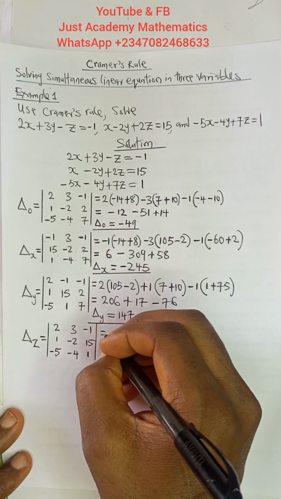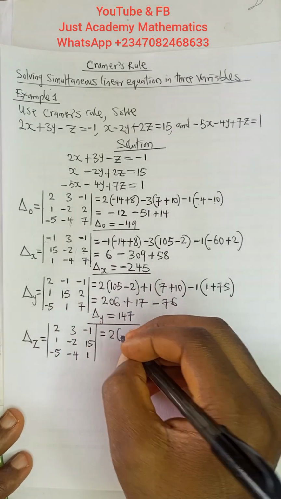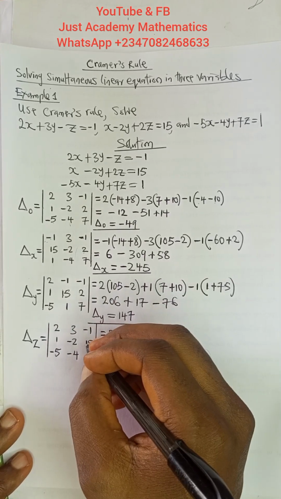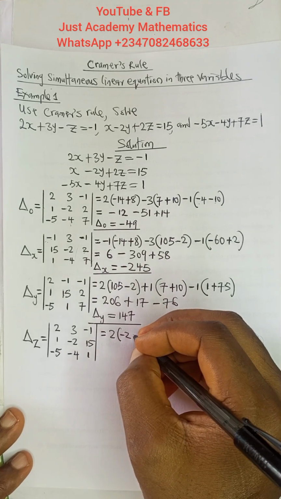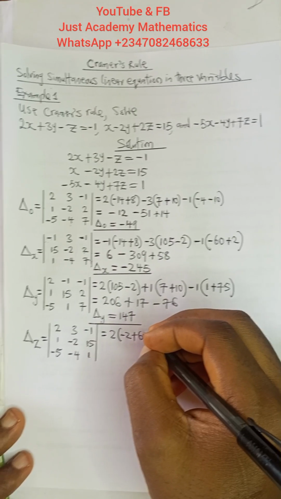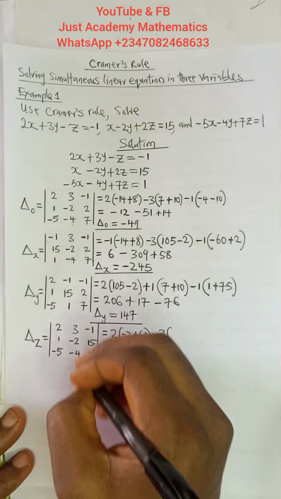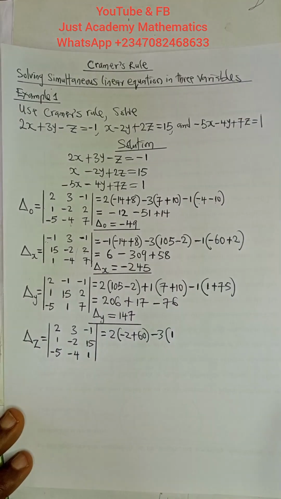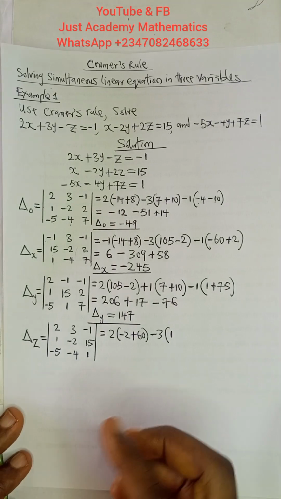So we have that this is equal to 2 times what? This out, minus 2 minus, this time, 15 times minus 4 is minus 60. Minus 60 times minus is plus 60. Plus minus 3 times this out, 1. 15 times 5 again will give us 75.